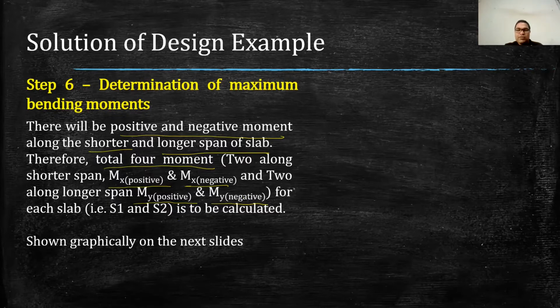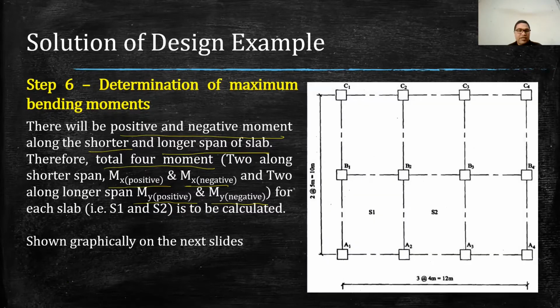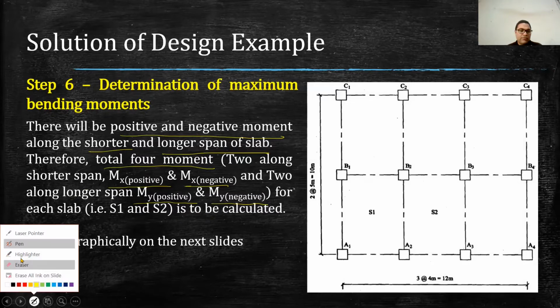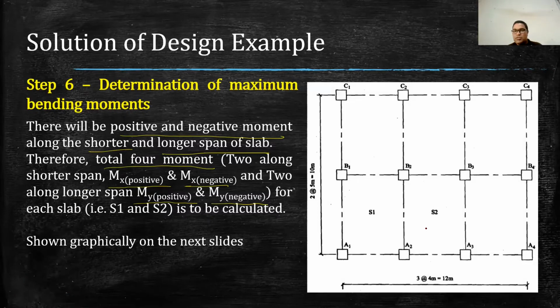On the next slide, first of all, if I cut the section of the plan, say if I cut the section of the slab like this, then you will see the bending behavior of slabs S1, S2, and say this is S3.